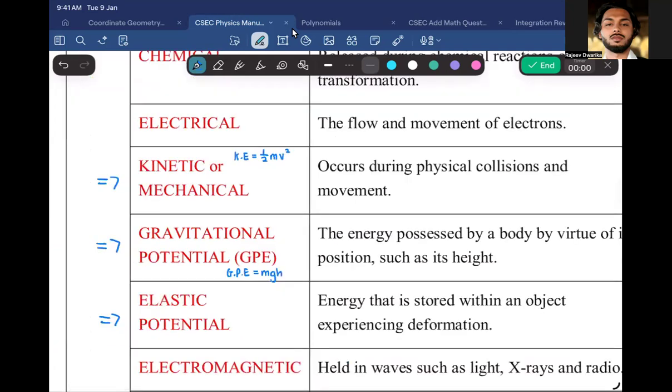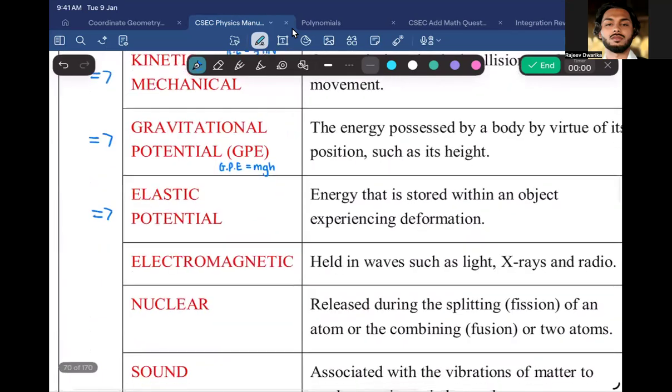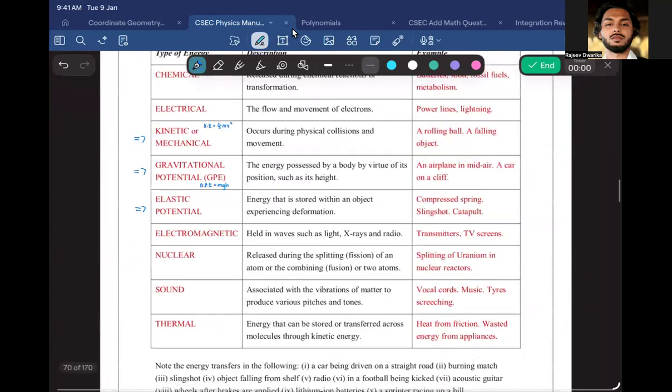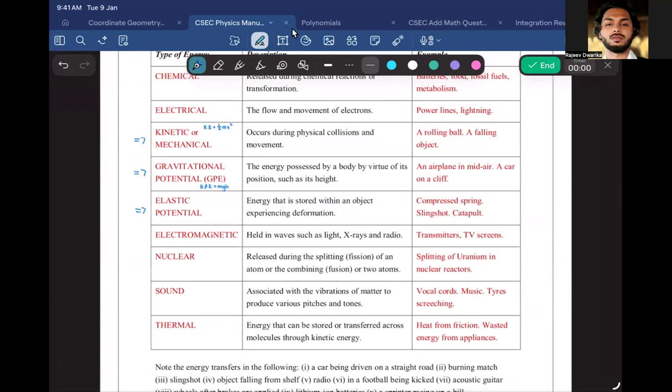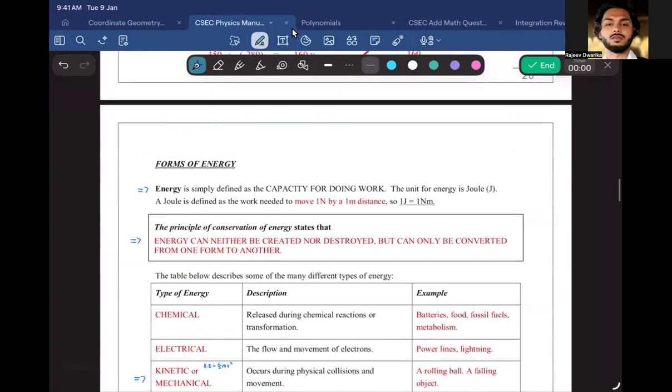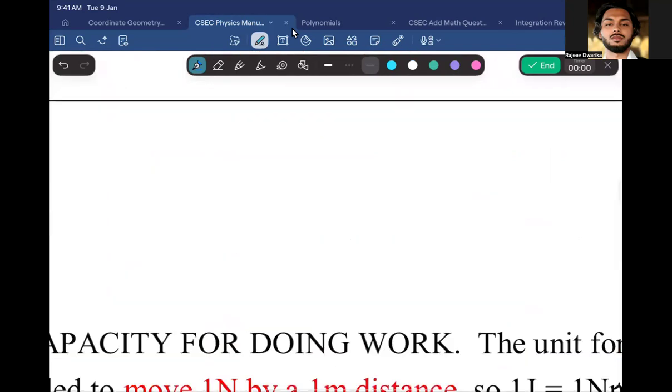All right, so let's move forward. I want to explain something, right? We just agreed that energy can neither be created nor destroyed, only converted from one form to the other. So check this, right?